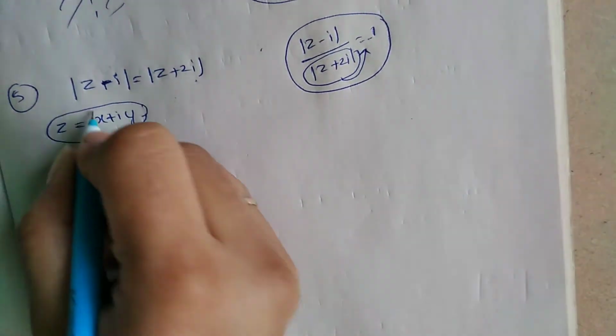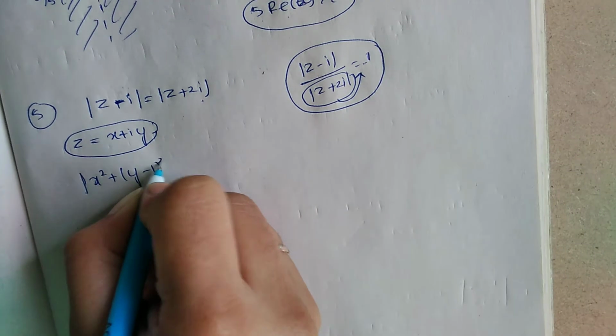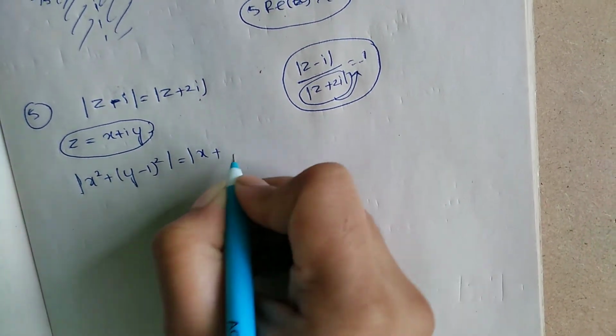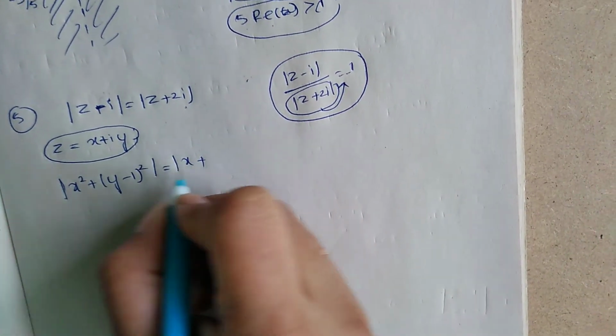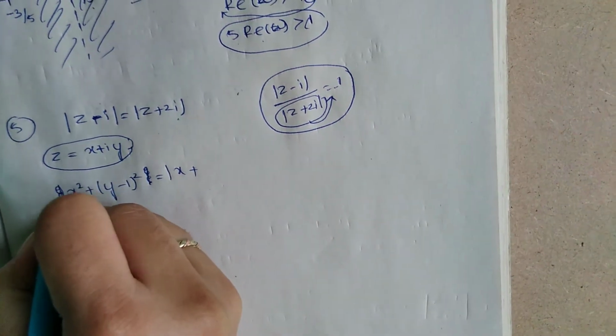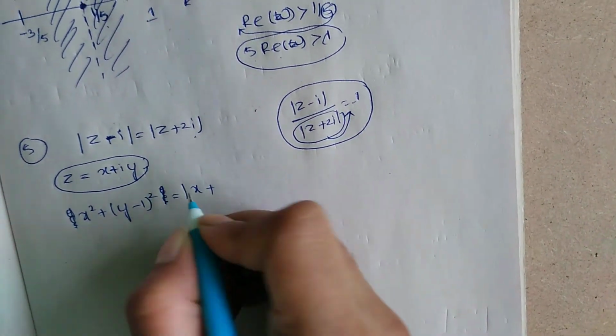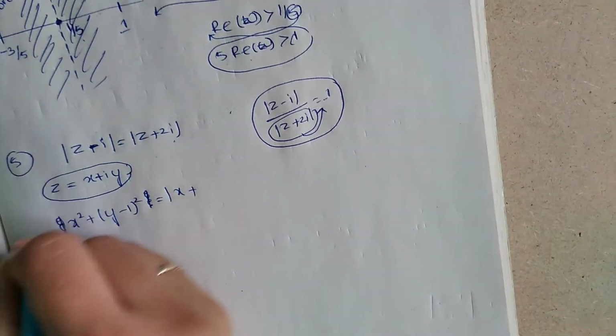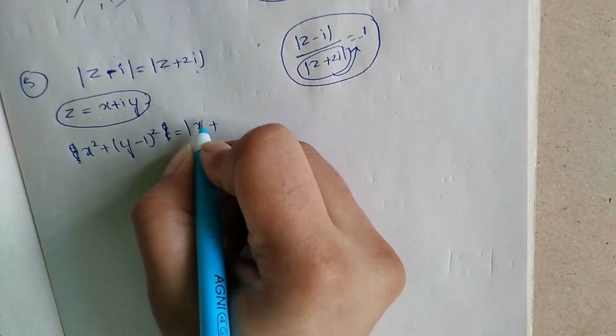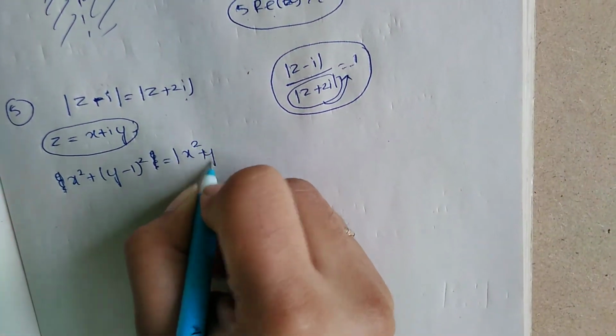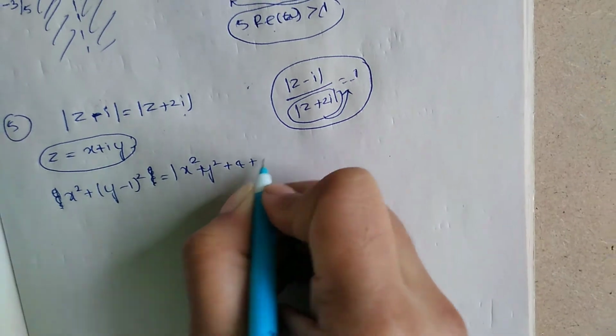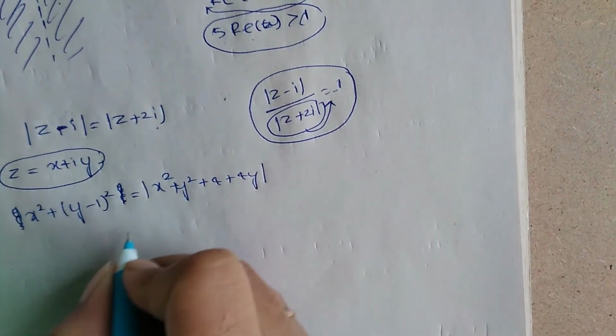x square plus (y minus 1) whole square is equal to x plus... sorry, I'll take the modulus out because I'm taking x square and I have cancelled. Root and root gets cancelled, of course, right? x square plus y square plus 4y. Yes, what do you get?